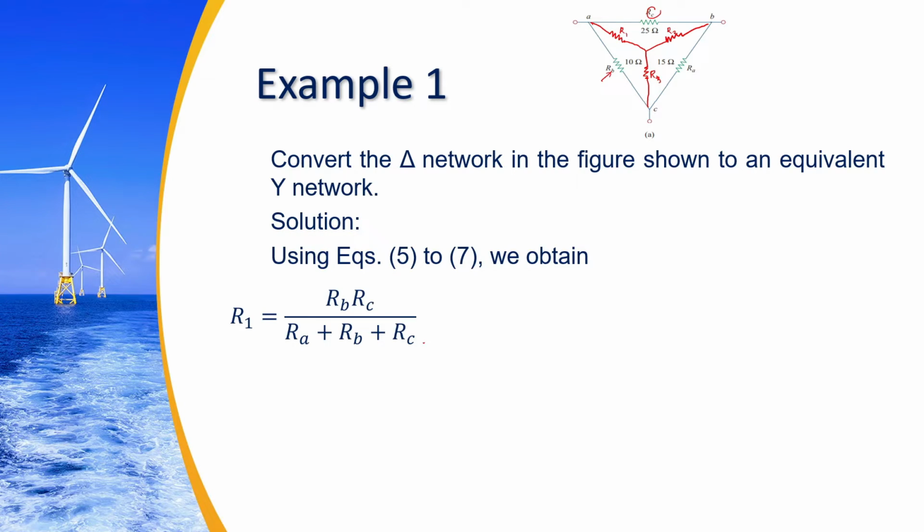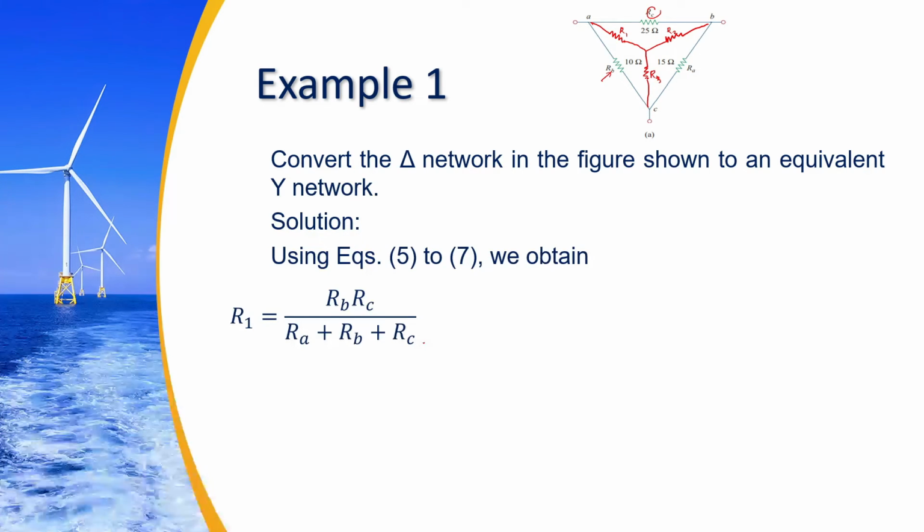Okay? Ganun yung shortcut niyan. Ganun din pagdating kay R2. Adjacent ni R2, RC, RA. Tapos, sum ng lahat ng delta resistors natin. Then, kay R3 naman, product lang ng RB, RA. Then, sum ng lahat ng delta resistors natin.